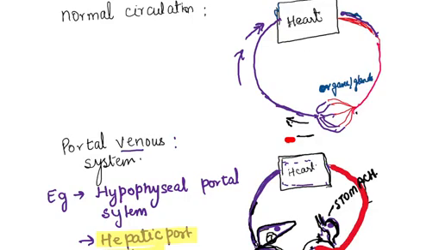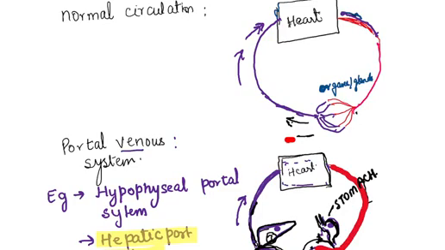Then these products will go to the liver, and in the liver the process of detoxification will take place, and after detoxification the deoxygenated blood will be carried by the systemic vein back into the heart. So the portal vein prevents the spillage of the substances into the general circulation.